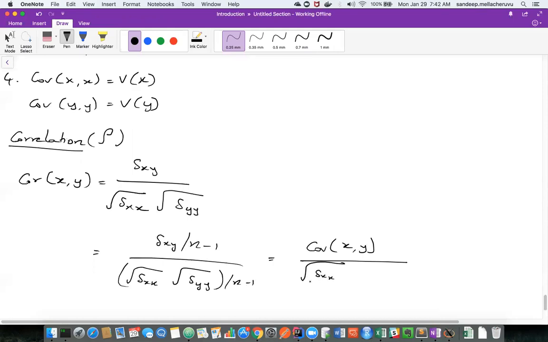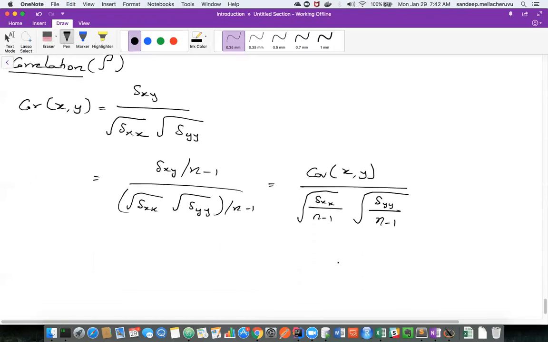It becomes square root of Sxx by n minus 1 into square root of Syy by n minus 1.